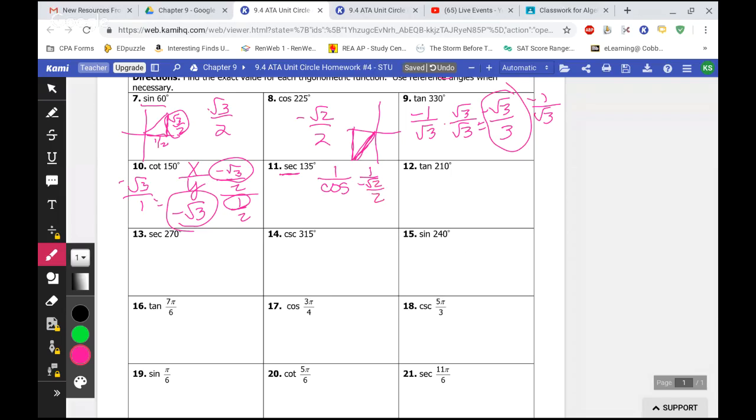If I keep, flip, change, I'm going to take the inverse of that. That's going to be 2 over negative root 2. I have to rationalize that denominator. So that gives me 2 over 2 times root 2 over 2, and that's all negative. And the 2's cancel. So my final answer is negative root 2.